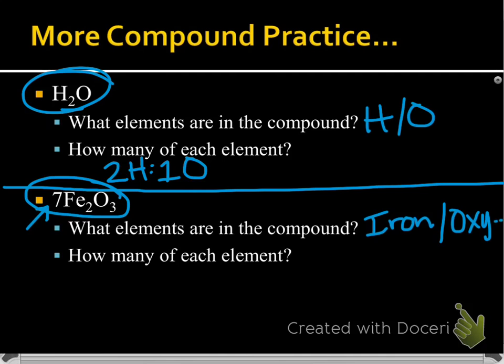Well, we see the 2 and the 3. So we can say, okay, well, there's at least 2 iron and at least 3 oxygen, but that's not totally right. It's going to be 7 times the 2. So 7 times 2 is 14. So we have 14 iron. And then 7 times 3 is 21. So we have 21 oxygen.